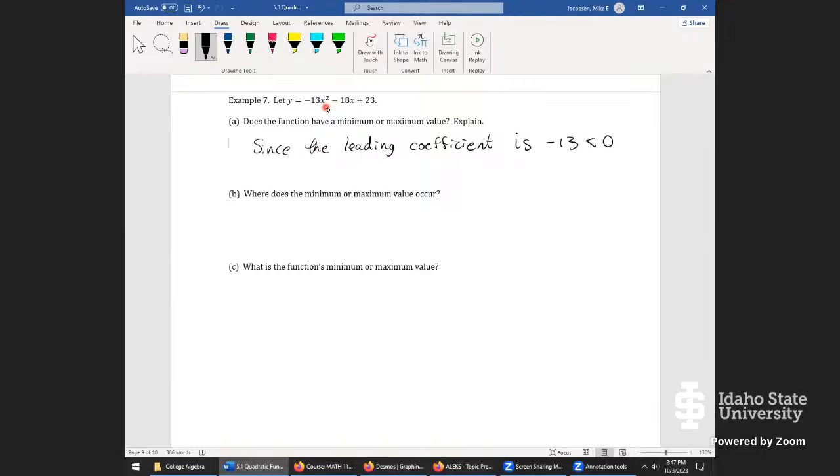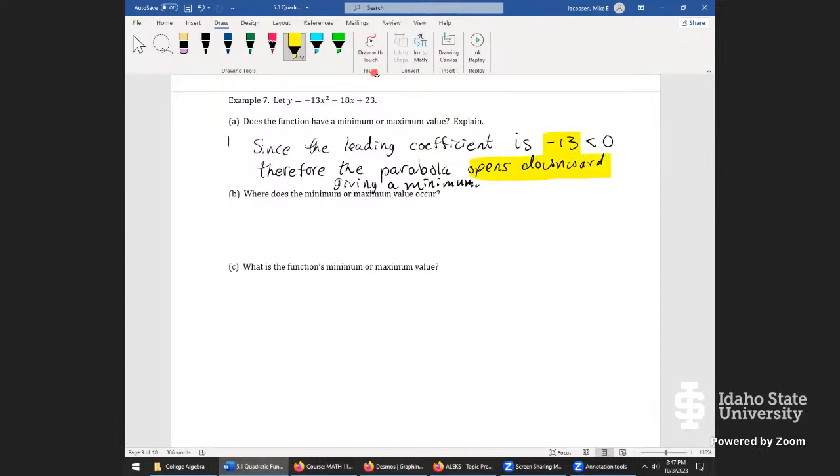Less than 0 immediately tells us, therefore, the parabola opens downward, giving a minimum. So essentially, it was that negative there, which tells us it must open downward.